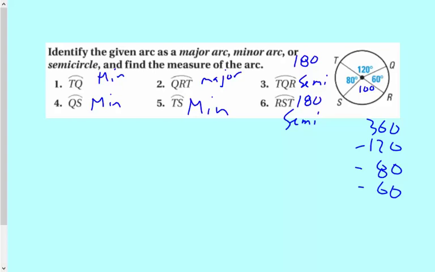TQ is 120. Then we'll go to QRT. QRT, that'd be 240, everything but 120. And then we have QS. From Q to S, that'd be 60 and 100, so 160. And then TS would be just 80.